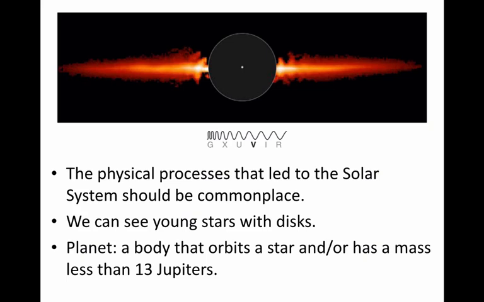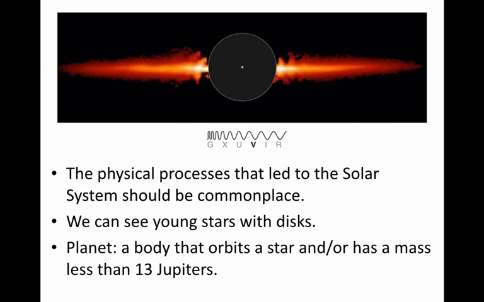For these purposes, we've defined that a planet is a body that orbits a star and/or has a mass of less than 13 Jupiter masses. That mass limit is put in there to define a planet versus, let's say, a brown dwarf, a little failed star. Sometimes there actually are planets that are all on their own. We call these rogue planets, planets that are not going around a star.